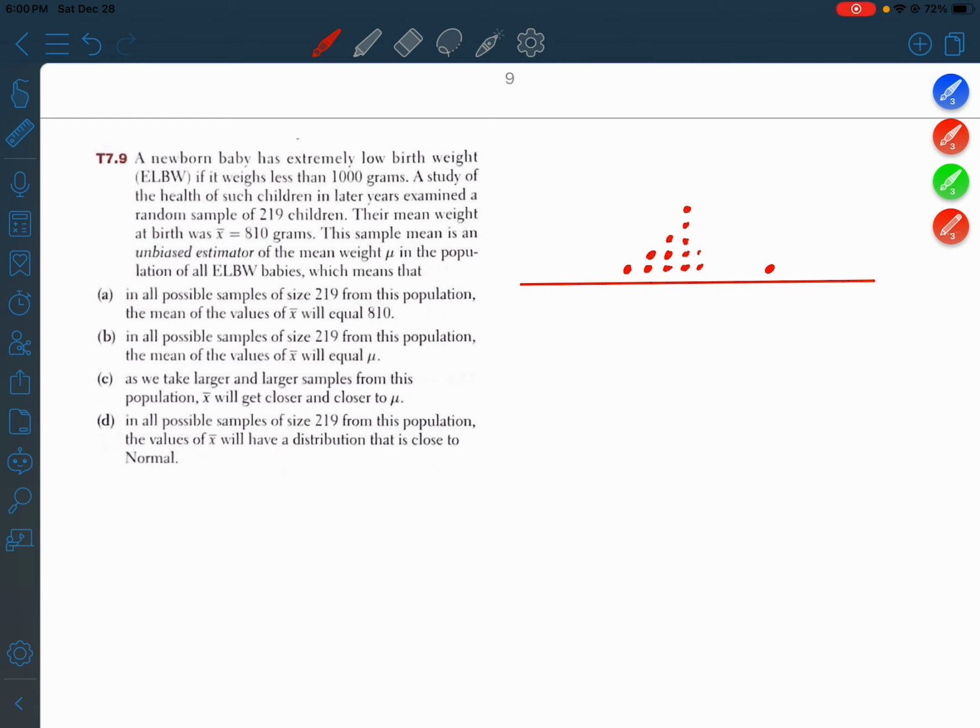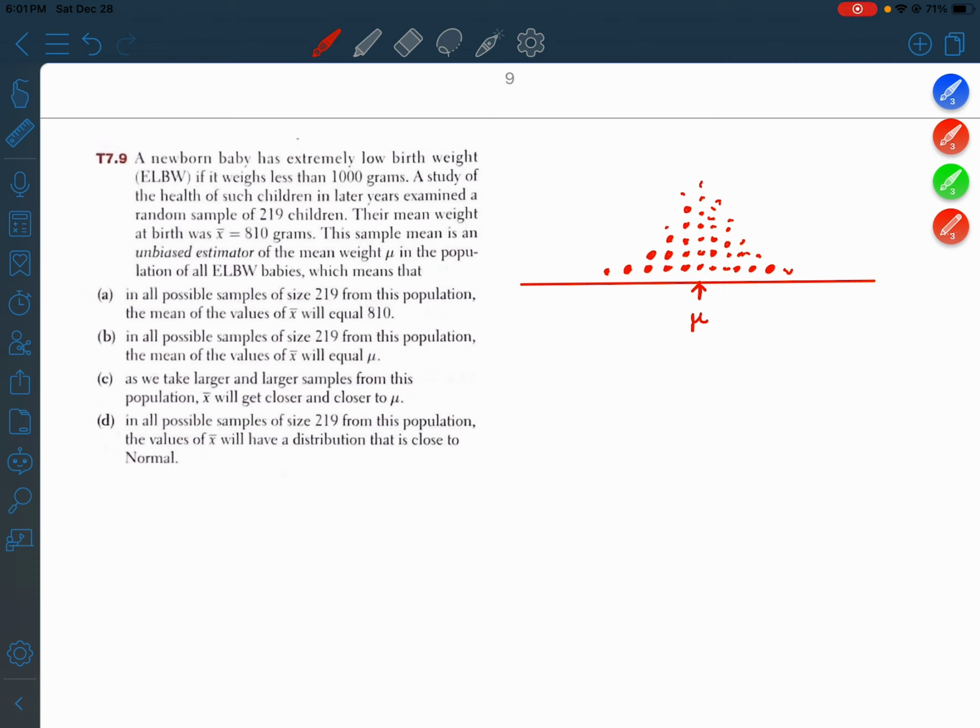a dot plot that looks like this. So it'll be approximately normal. It's going to be centered around the true mean, which we don't know what that is, because at this point we've only taken one sample.